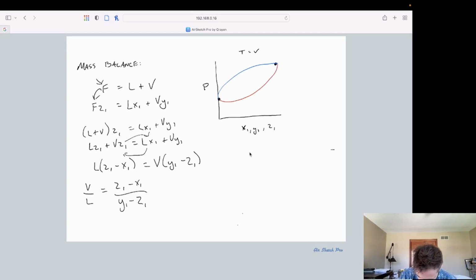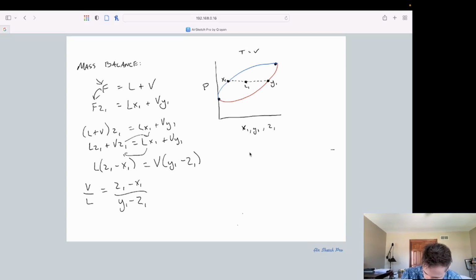Let's say our feed is right here. This right here is going to be our mole fraction in the vapor phase, which is in equilibrium with this over here, our mole fraction in the liquid phase.